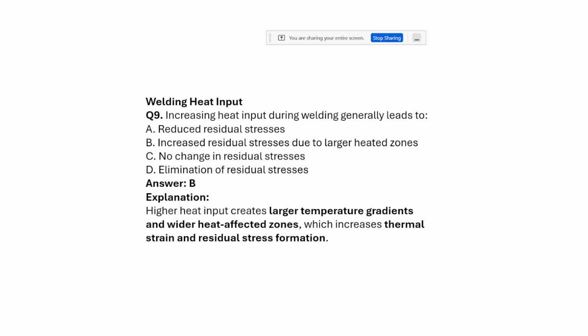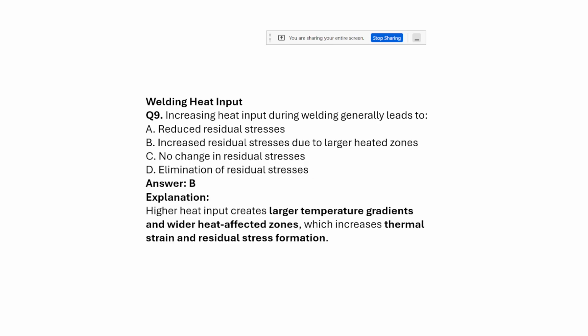Increasing the heat input during the welding generally leads to: reduced residual stresses, increased residual stresses due to the large heated zones, no change in the residual stresses, or elimination of the residual stresses.